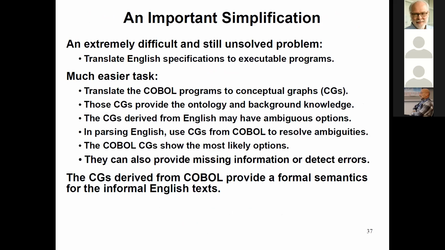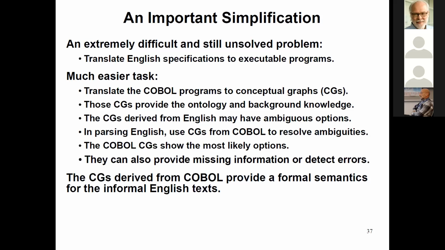Aaron wrote a formal grammar for COBOL. He used Prolog, by the way, which is an excellent language for writing parsers, translating the COBOL programs to conceptual graphs. And then those conceptual graphs provided the ontology and the background knowledge. So it's more than just ontology. They had a knowledge base of all the background knowledge represented in conceptual graphs. Now, in parsing English, they used the CGs from COBOL to resolve the ambiguities in the English.